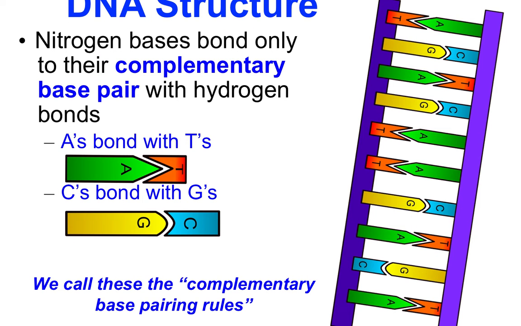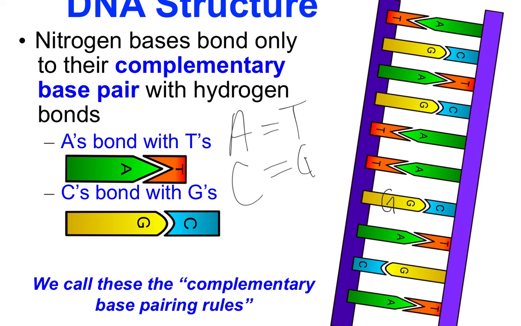Now, if we look at these nitrogenous bases, each has a complementary pair in the hydrogen bond. The complementary pair for adenine is thymine, and for guanine it's cytosine. So all of the A's are going to pair up with T's, and all of the C's are going to pair up with G's and vice versa.